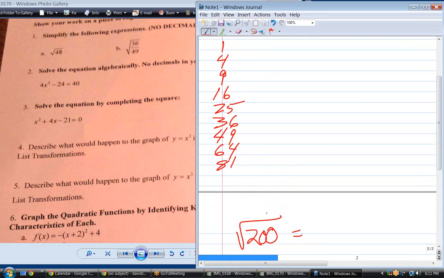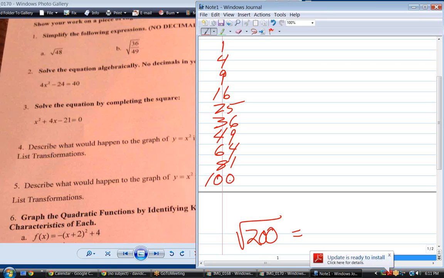So the goal here is to go through these numbers and see if any of them divide evenly into 200. And let me put the last one down there, which I left off. That's 10 squared. So that would be 100. So what's this? In other words, the square root of 200 is equal to what?